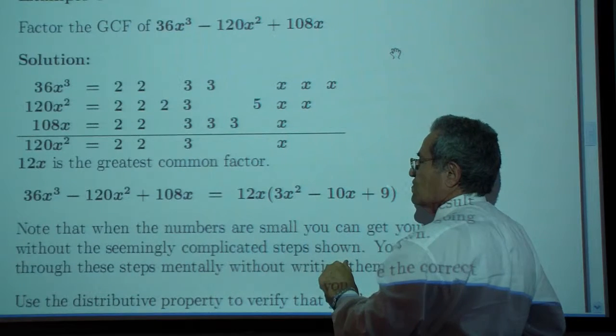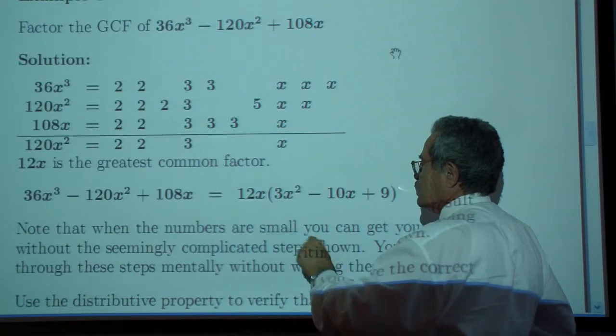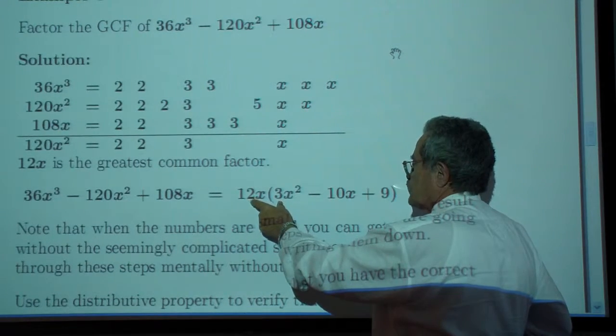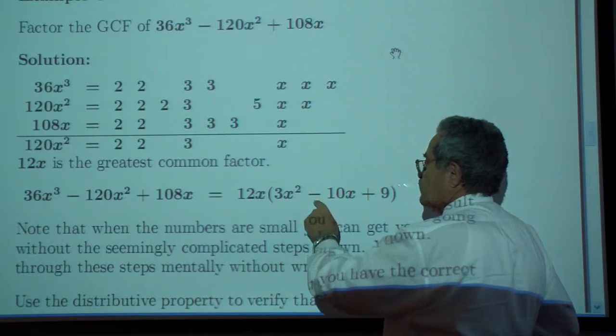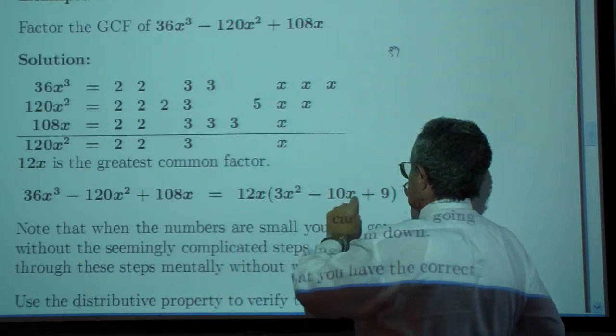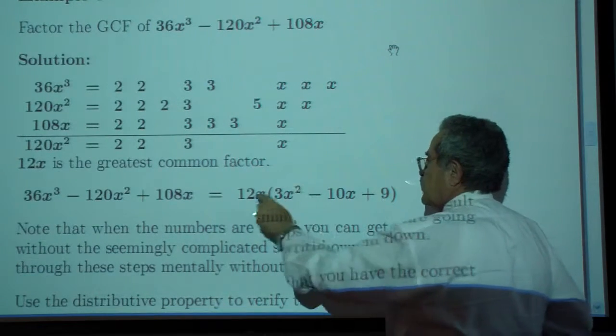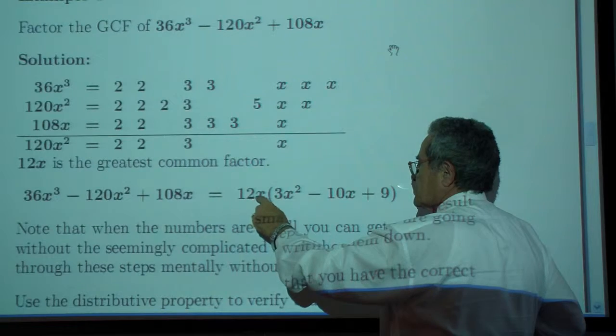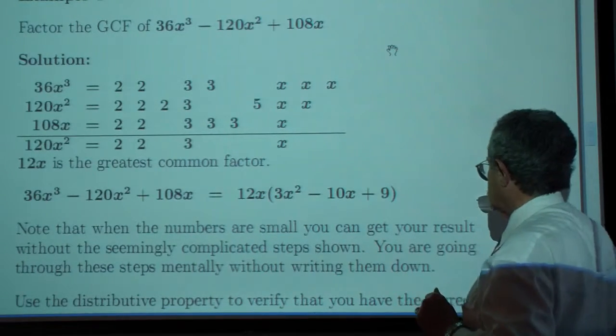Distribute, see if you get the original trinomial back. 12 times 3 is 36, x times x squared is x cubed, minus 12 times 10 times x times x, that's x squared. 9 times 12 is 108 times x.